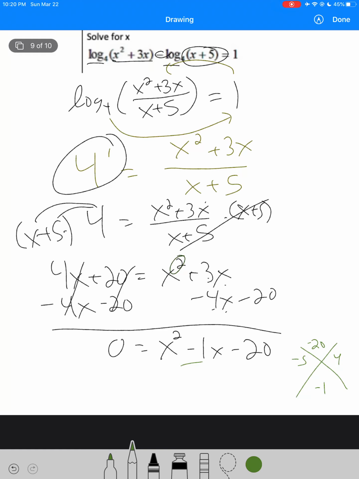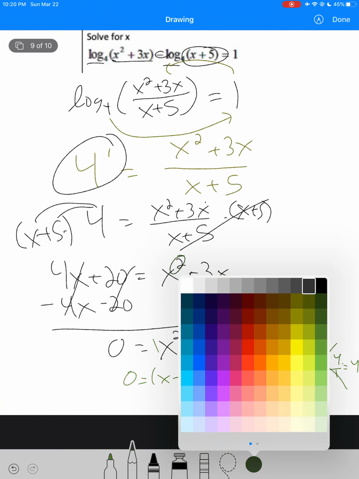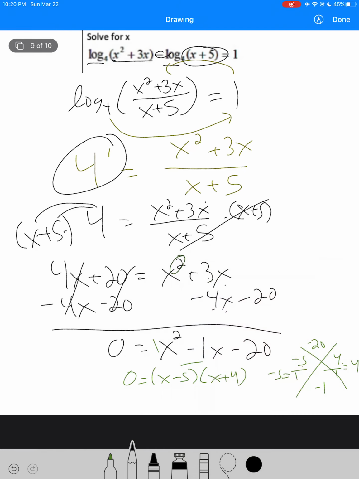Negative 5 and 4. Negative 5 times 4 is negative 20. Negative 5 plus 4 is negative 1. Divide by our a of 1. That's going to stay the same. So we're going to get x minus 5 and x plus 4 equals 0. That's just factoring. This one would end up with x equals 5. This would end up with x equals negative 4 when you solve for x.